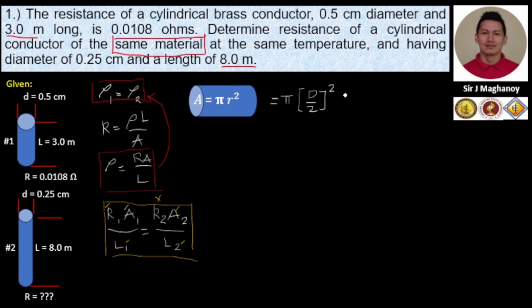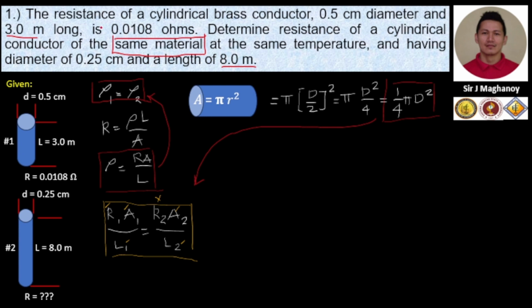Using the power, that is pi d squared over 4, or we can rewrite the formula for cross-sectional area as 1/4 pi d squared.